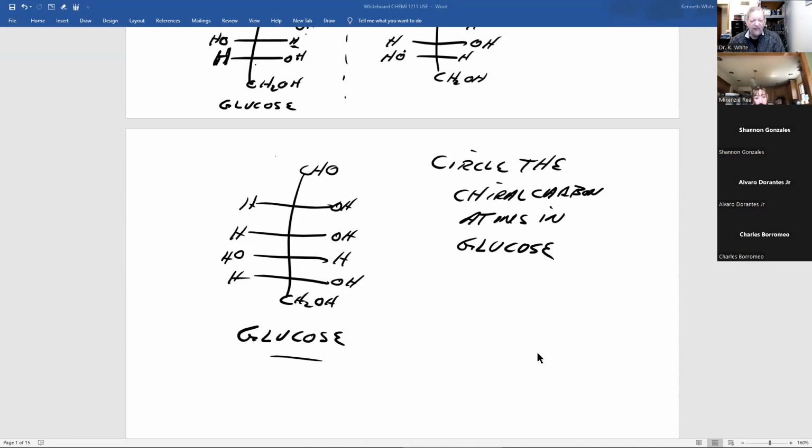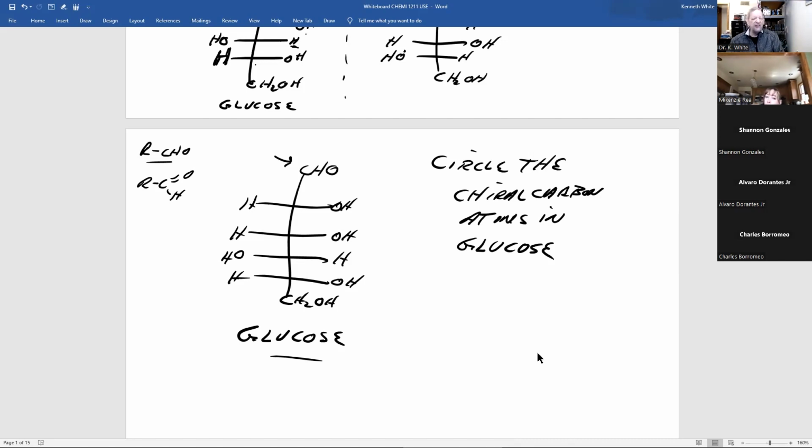Now, let me remind you, what does that mean? It's an aldehyde, which sugar chemists write this way. Synthetic organic chemists write an aldehyde this way. We show the carbonyl, the double bond, because it's cool.